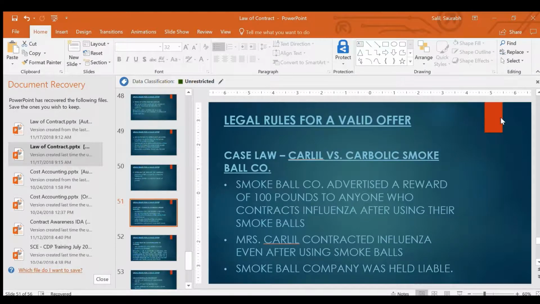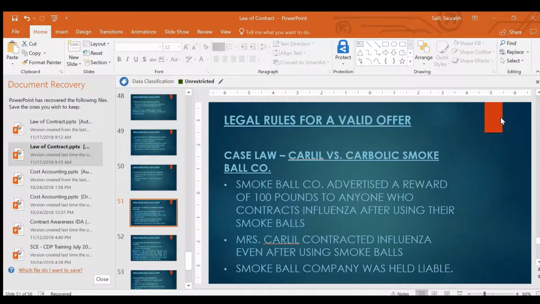Okay, so these general offers may be continuing ones or they may be limited ones. For example, in the case of Carbolic Smokeball Company, the offer was a continuing offer. So if next time anyone else contracts influenza after using their smoke balls, the company will be liable to pay again, right?